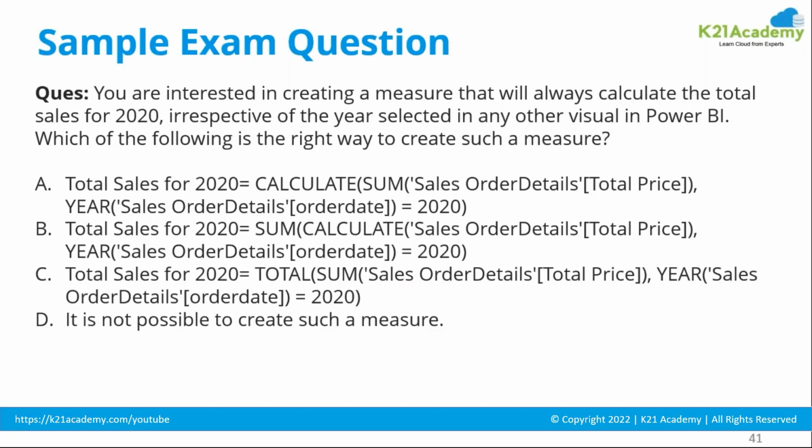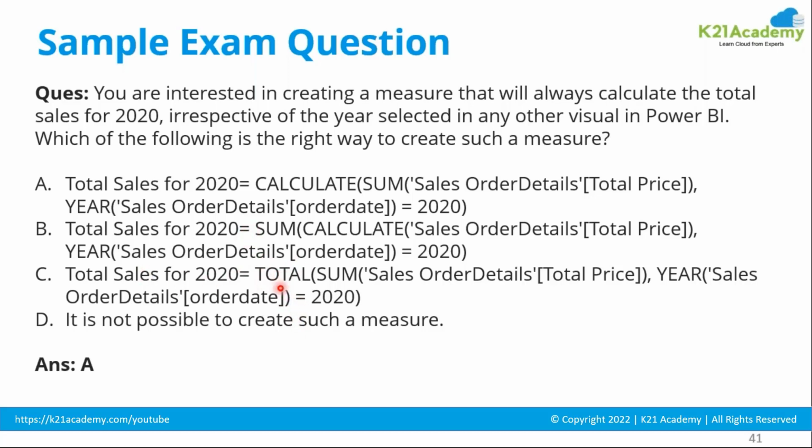So the correct answer for this question is A. Total sales for 2020: CALCULATE(SUM(sales order details total price), YEAR(sales order details) = 2020). Check the second option: SUM(CALCULATE(sales order details total price, YEAR(sales order details order date) = 2020)). Okay, SUM CALCULATE, so this is wrong.